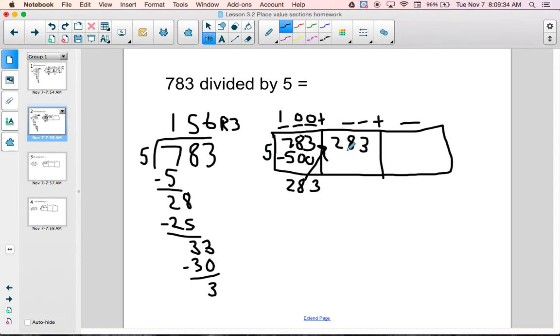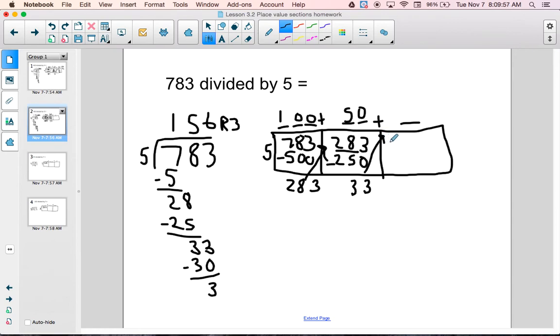All right, how many times will 5 go into 28? We'll go in 5 times, or 50. 50 times 5 is 250. We're going to subtract. 3 take away 0 is 3. 8 take away 5 is 3. That's 0.